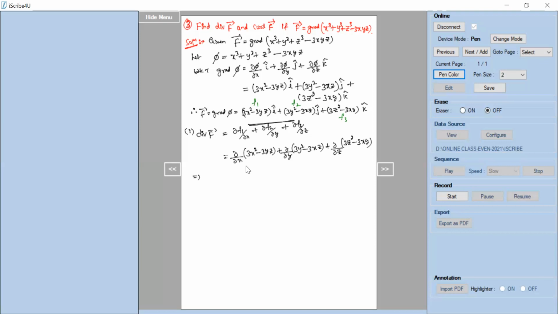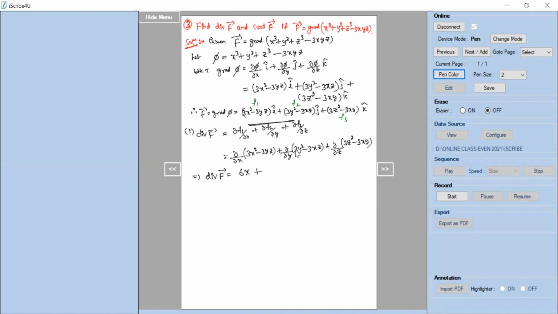So this implies div f equals now ∂/∂x of this. So differentiation of x square is 2x, 2 into 3, it is 6x, and here there is no x term, it is 0. So this is the partial derivative of the first term, 6x plus 0, so you get 6x. Plus similarly, next term, ∂/∂y of this.